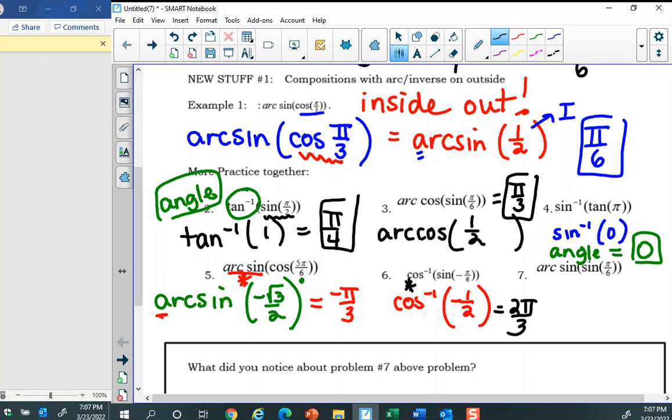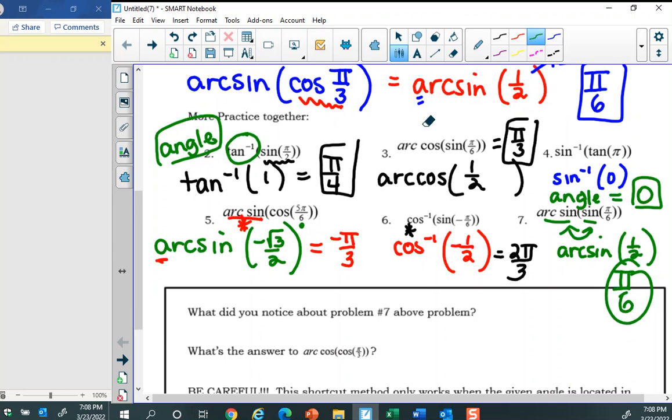And then number 7, my favorite problem. Arc sine of sine, arc cosine of cosine, arc tan of tan. We love that. These guys are inverses. When you take the sine of an angle, okay, sine of pi over 6, and you get 1/2, and I ask you, all right, now go back to the angle, arc sine of a half, we're going to go right back to pi over 6.